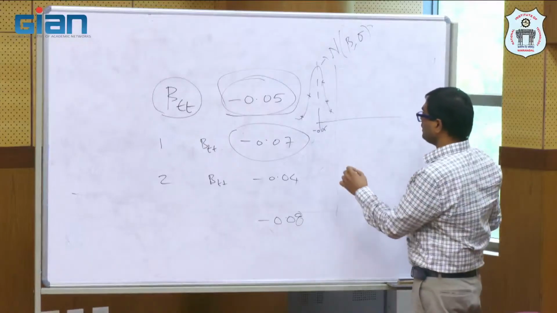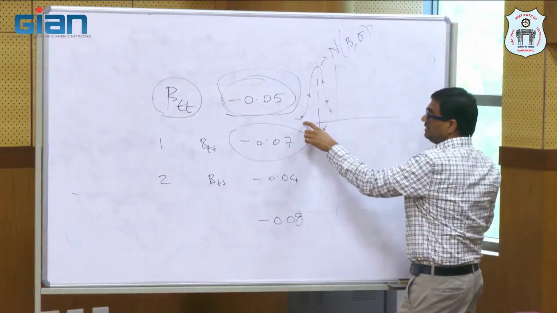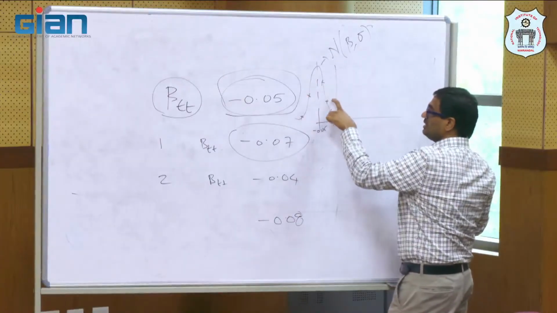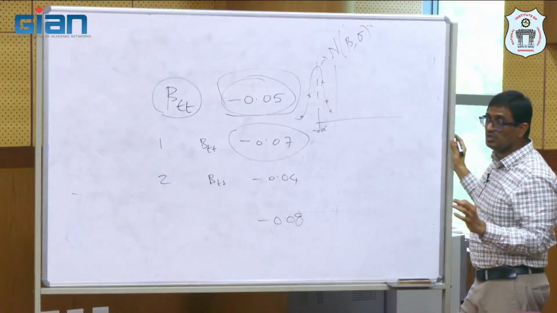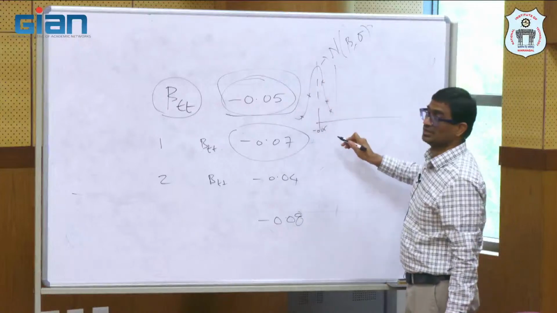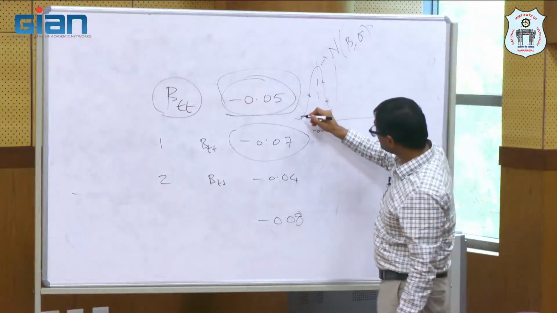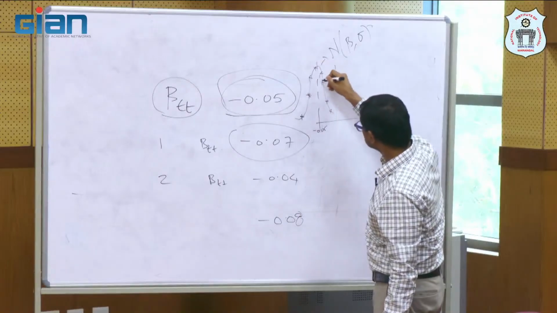So person 1, I don't know where that person 1 is on this distribution. He or she could be here, here, here, here, here. So what we need to do is we need to evaluate the probability on different parts of the curve. Okay. So I'll assume this person is here, this person is here, this person is here, this person is here, this person is here.